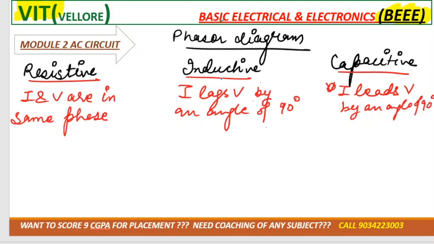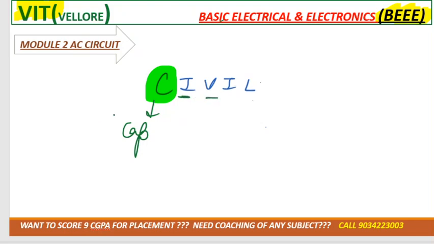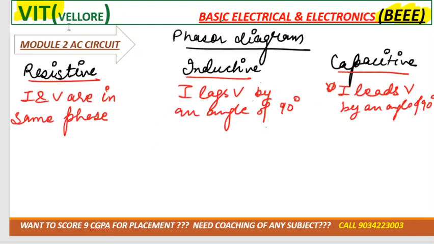Okay. See, how can you remember in which case it is lagging, it is leading? You must remember this word CIVIL. C stands for capacitor. In capacitor, current is first or voltage is first? That means current is leading. And obviously in inductor, that is opposite, current is lagging.